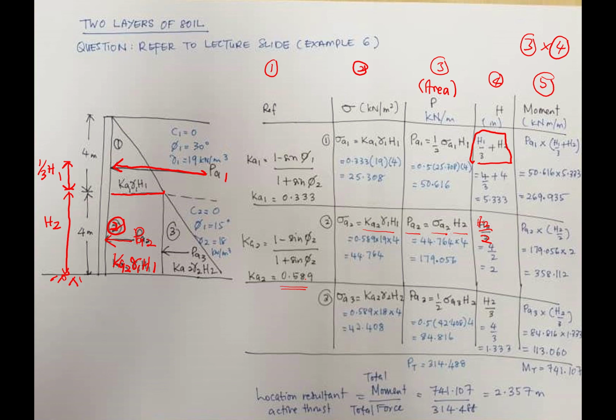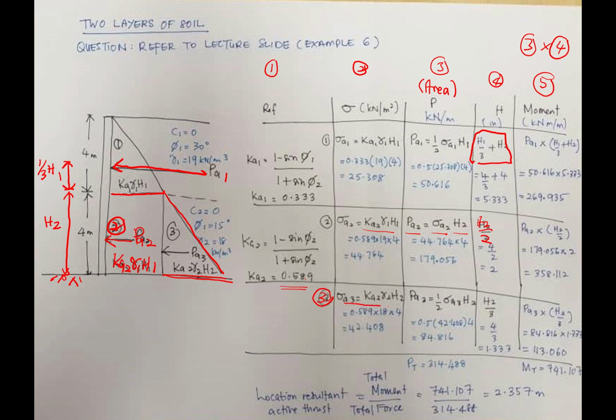Now we have another reference, which is reference number 3. This is a triangular area because this one represents soil layer 2. So soil always takes the triangular shape. Now you must know the base value, which will be KA2 gamma 2 H2.